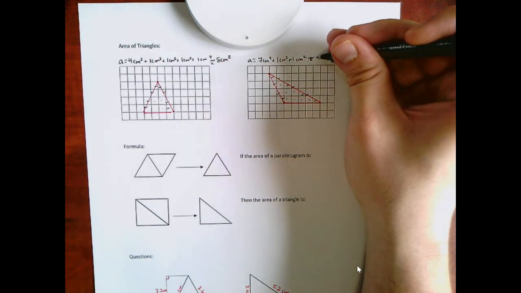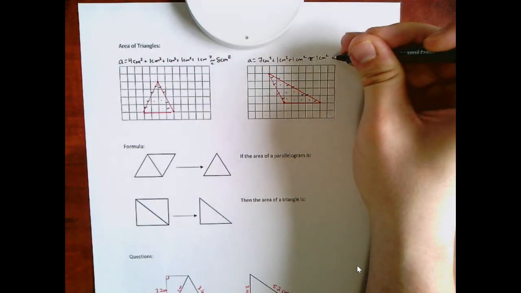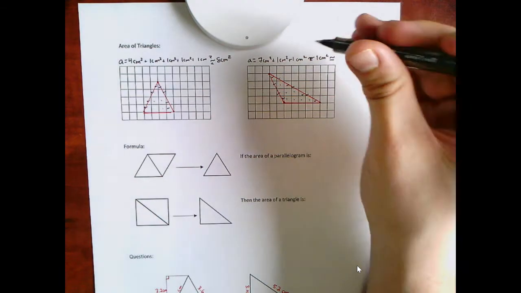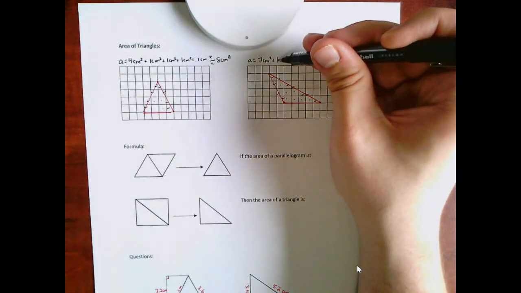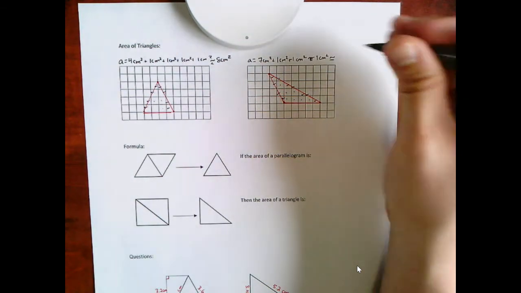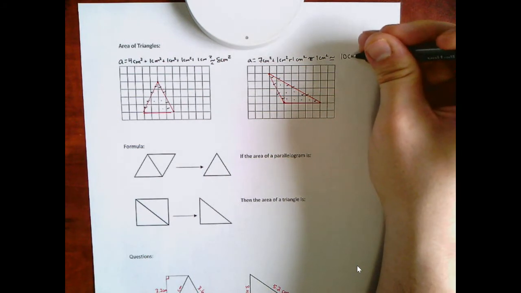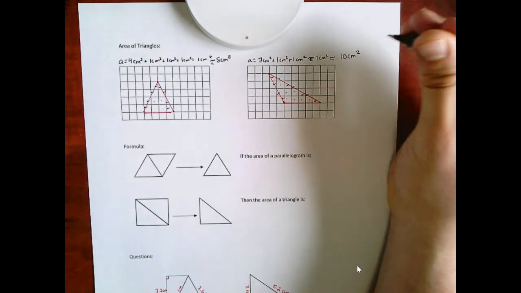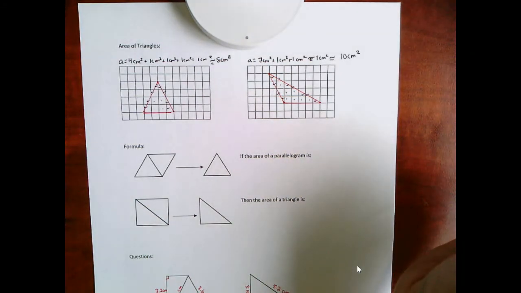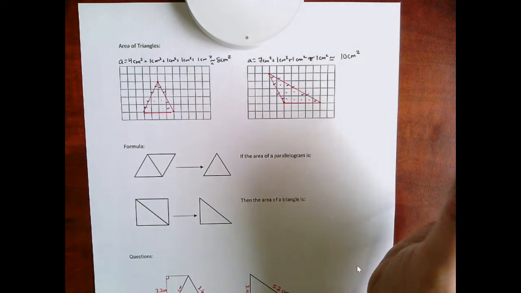So we have 1 more centimeter squared, which gives me an approximation of 7 plus 1 is 8, 9, 10 centimeters squared. Now again, it's not exact. That's an approximation. If you had said 9, you'd have been pretty close.